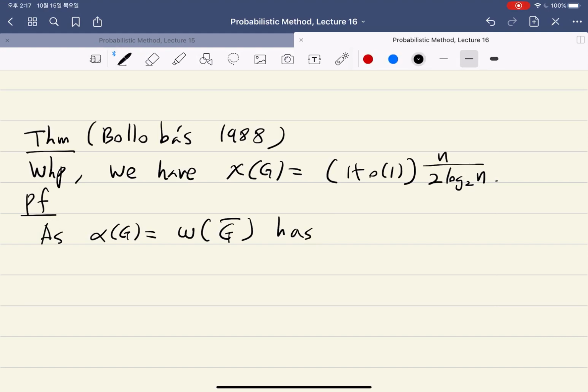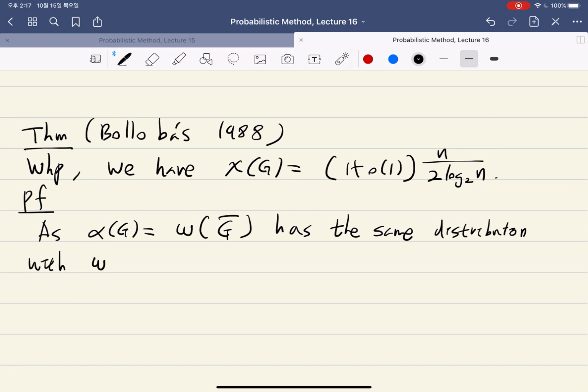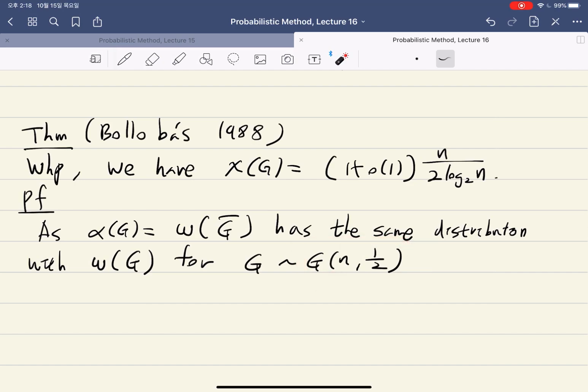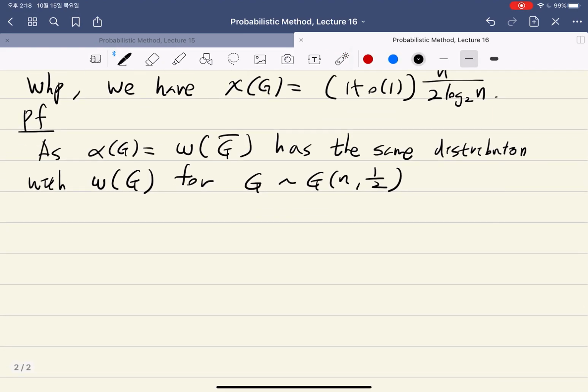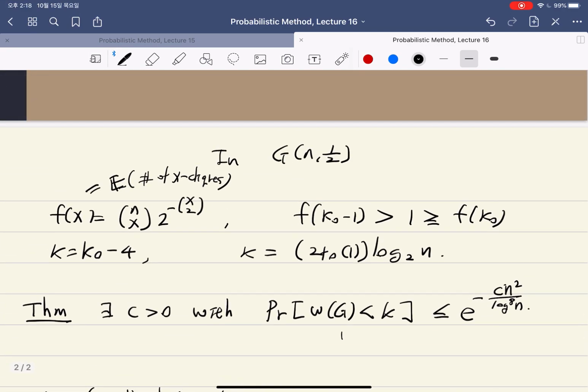What I mean is this has the same distribution as just considering the clique number of G, with G drawn from this random graph, because in this probability space, if you take the complement, it has the same distribution as the original one. So, from here, what do we do?